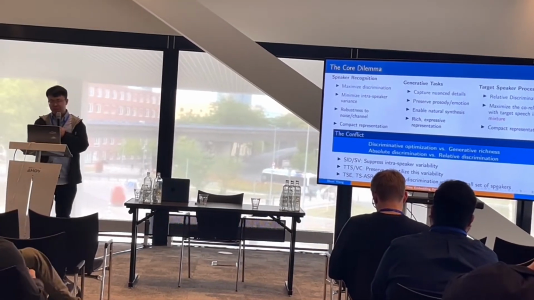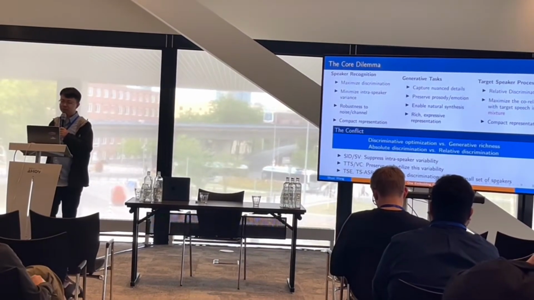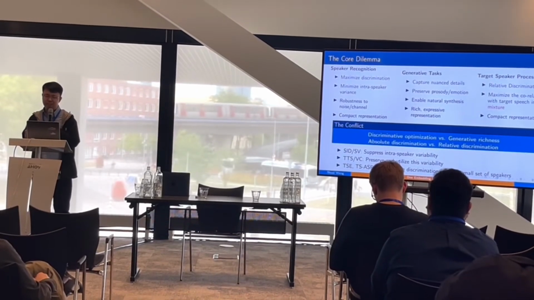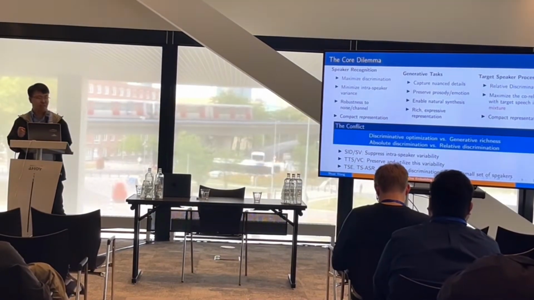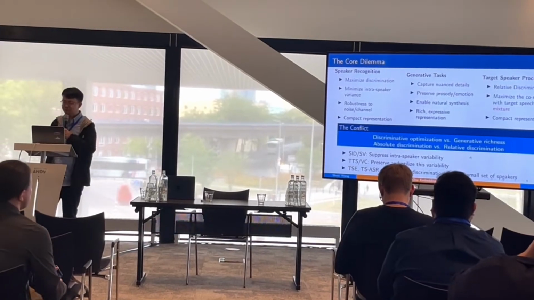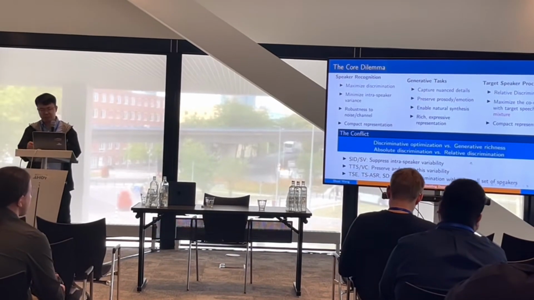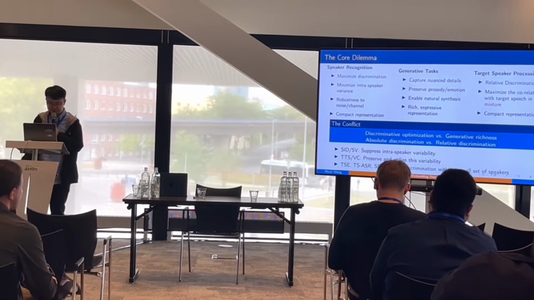So what we want is to maximize the correlation with the target speech in the mixture, and it can even be a more compact representation, because usually for speaker recognition we have embedding sizes of 500 dimensions, but for target speaker processing maybe we don't need such high dimensions.